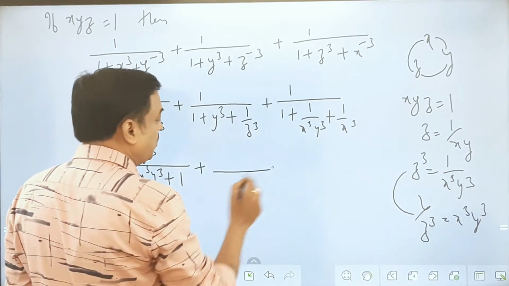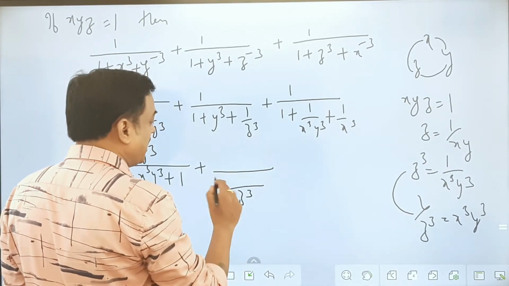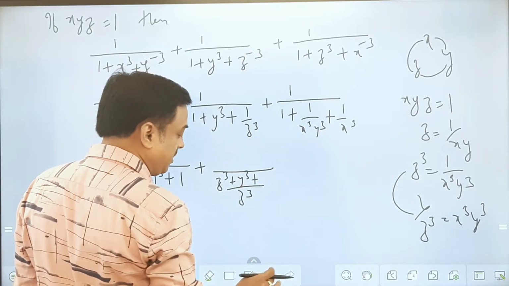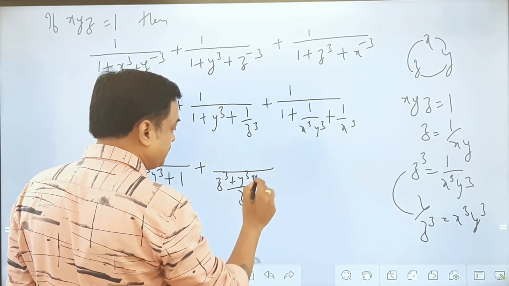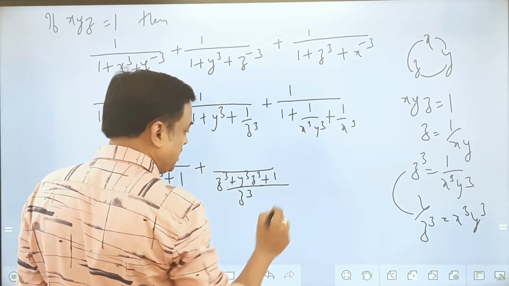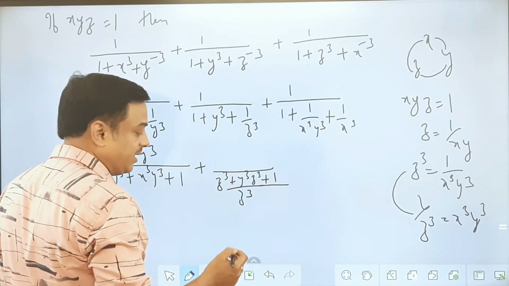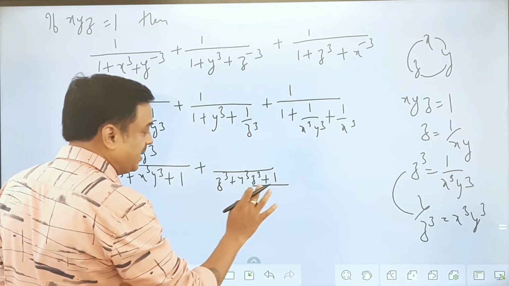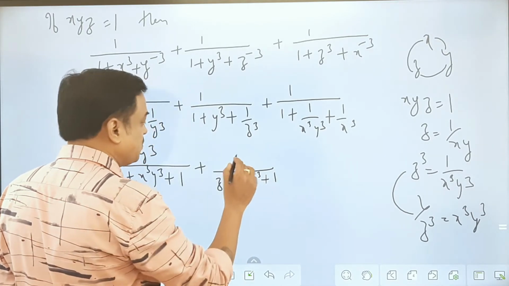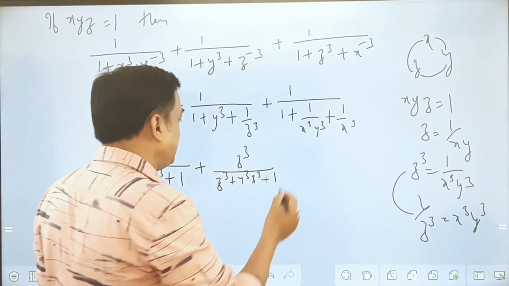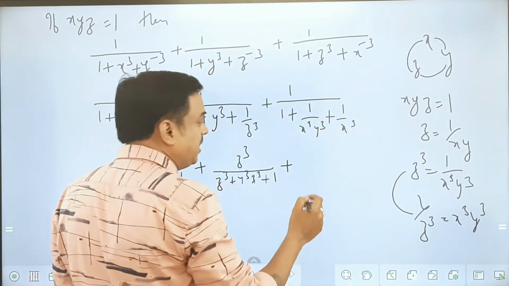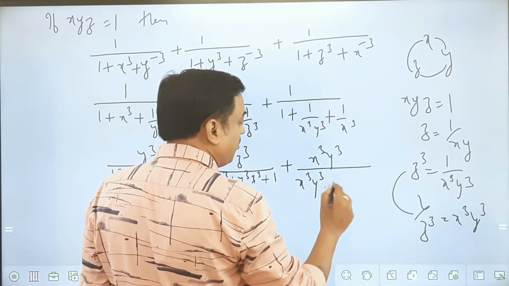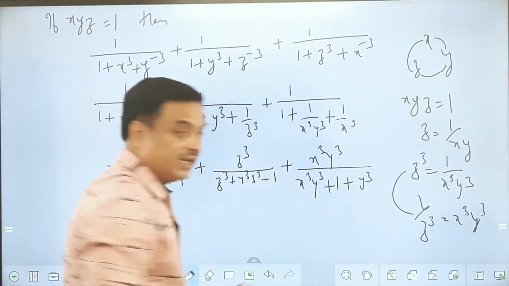Plus here, the second one, this is z cube and you get z cube plus y cube z cube, I repeat, y cube z cube plus 1 is what I get here, and the z cube will go to numerator. So instead of taking it here, I would take z cube to the numerator after we send it there, right? So here this will be z cube, and finally this one will be x cube y cube divided by x cube y cube plus 1 plus y cube is what I get.